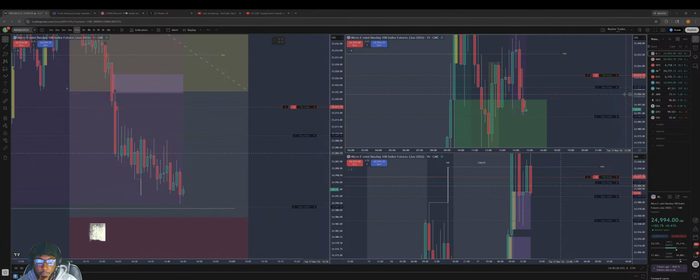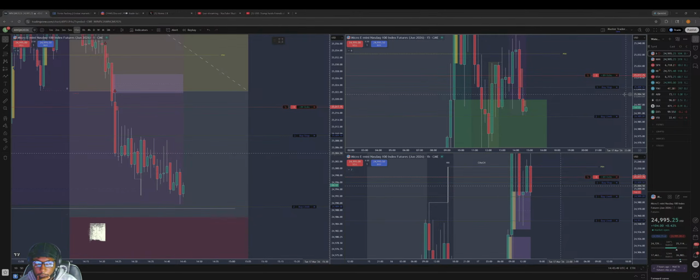Usually when price is moving efficiently, it just goes right to your target, right to the low or the high that you're targeting. Being that we had Trump talking a little bit earlier, and just the slow price action of the day, I'm sure that's why we're getting so much back and forth right now.